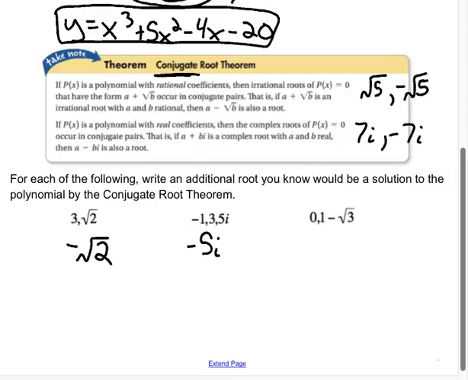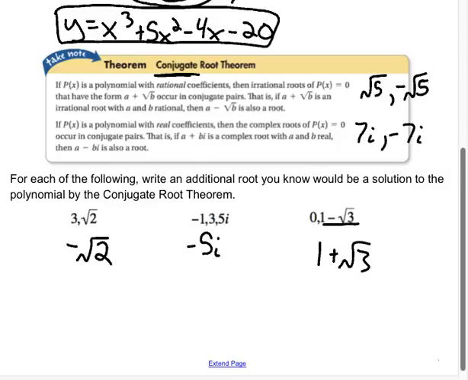And here, this conjugate would be 1 plus square root of 3, okay? The only thing that flips is the radical or imaginary piece. If it's a complex number, you just flip that sign, but the real piece or the rational piece stays the same, okay?